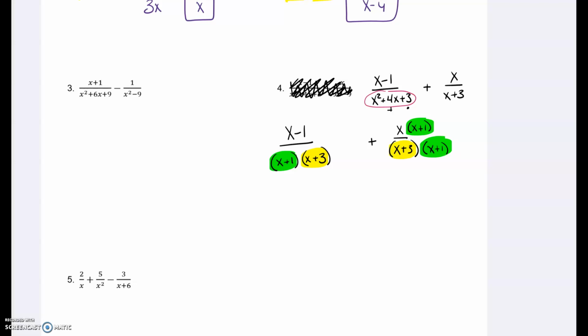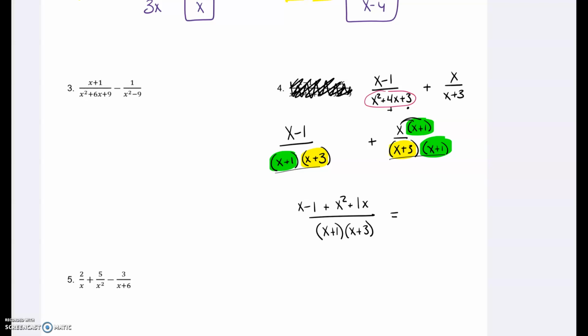Okay, now the denominators match. That means our common denominator, our answer denominator, is (x plus 1)(x plus 3), or (x plus 3)(x plus 1). The order that you write those two parentheses does not matter. On the top, we have x minus 1 from the first fraction, and then plus, and we can distribute, x squared plus 1x.